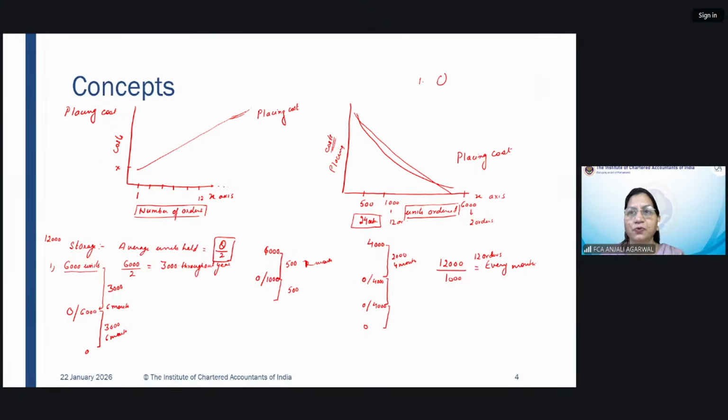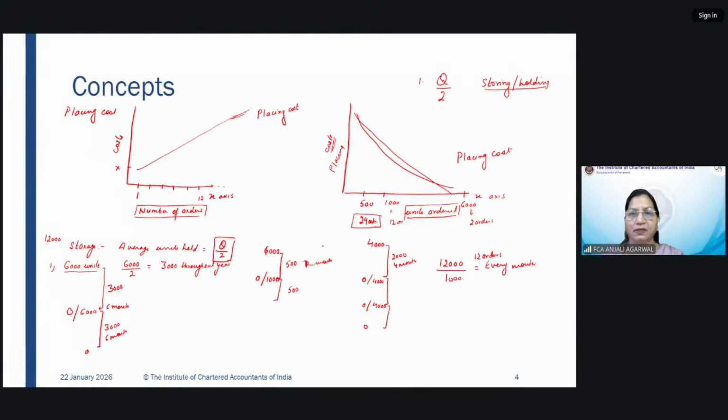When you order Q quantity, your storing, holding or carrying costs are not calculated on the quantity ordered. You are not carrying the Q quantity throughout the period. You are on an average holding Q by 2 quantity throughout the period, because from this quantity you are consuming your units.